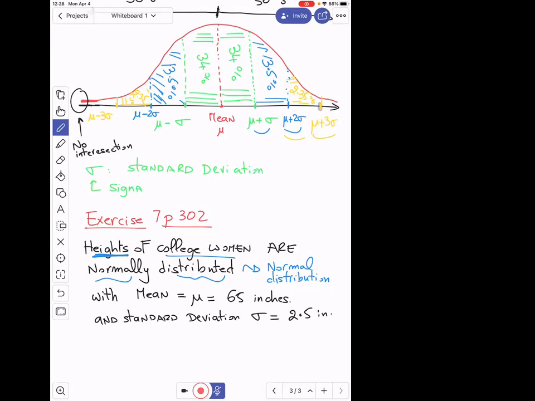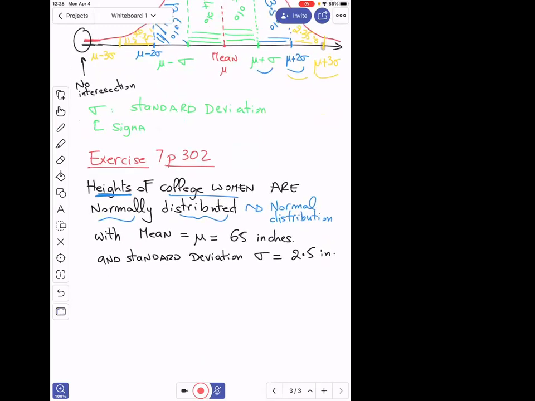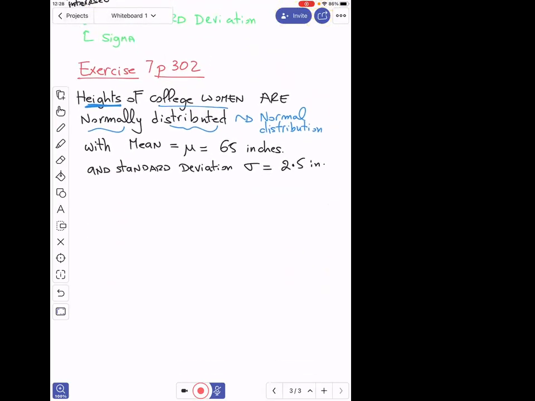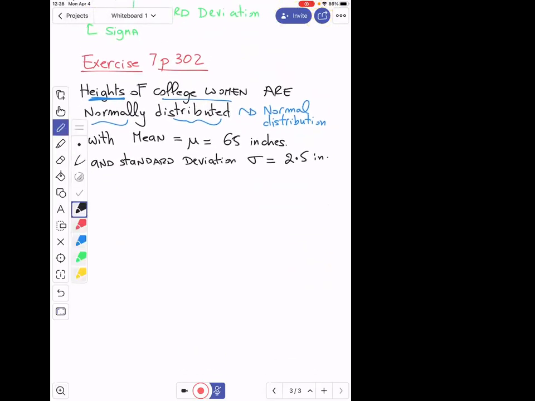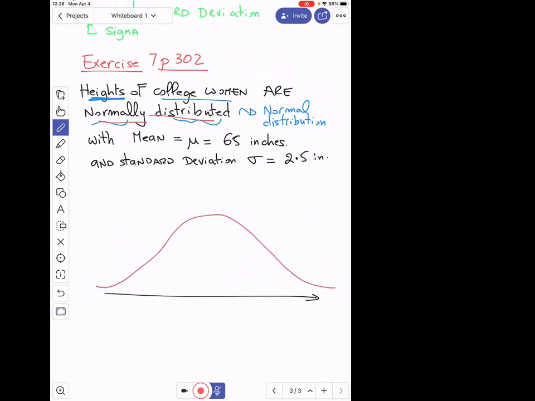Anyway, from this information, because it says normally distributed, we have a normal distribution. So we have a graph, and our graph is bell-shaped. The mean will be the highest point, and the mean in this problem is 65. So here's my 65. That's my mean, mu, right?